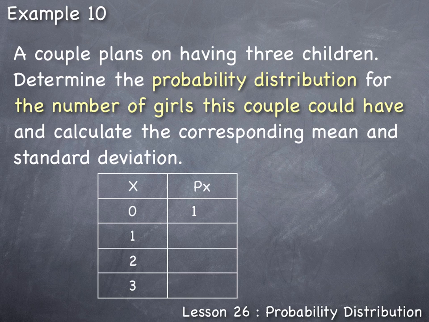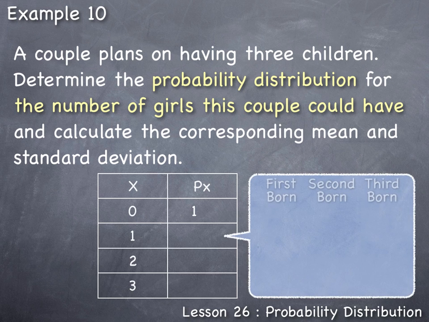Next, to find the probability that x equals 1, that is, there's just one girl in the family, you could have a girl born first, a boy born second, and a boy born third. In this instance, there's one girl, and the remaining children are boys. But this isn't the only way this can occur. This instance has the one girl being the firstborn. Another occurrence could have the one girl being the secondborn.